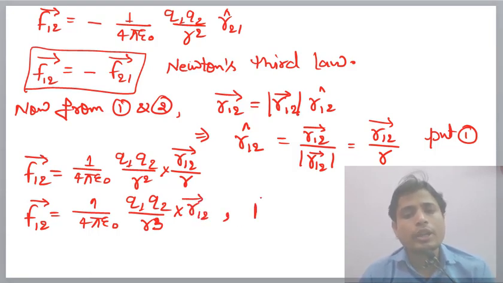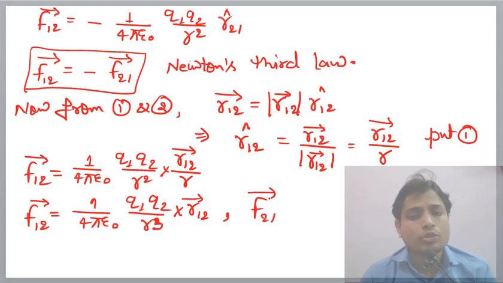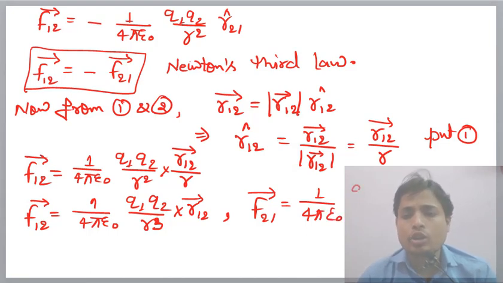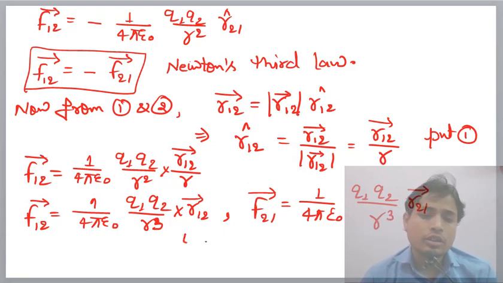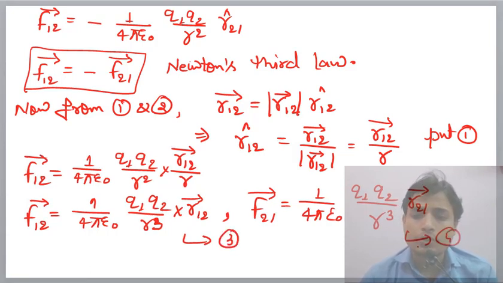Similarly you can write for the f21 vector also. Directly I am writing 1 upon 4 pi epsilon naught q1 q2 upon r cube r21 vector. Suppose this is equation number 3, and this is equation number 4.